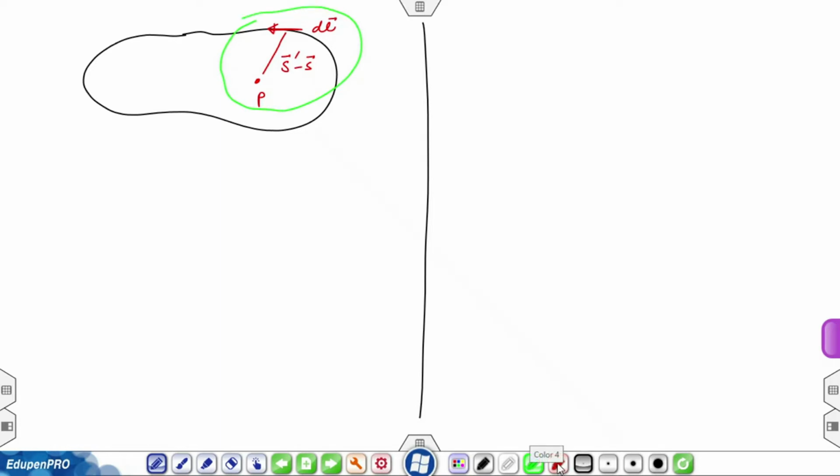If I look at this part, here is this portion of the loop, here is vector dL prime, here is vector s prime minus s, here is the angle theta. So, dL perpendicular, I am going to show it by blue, is going to be this. dL prime perpendicular.